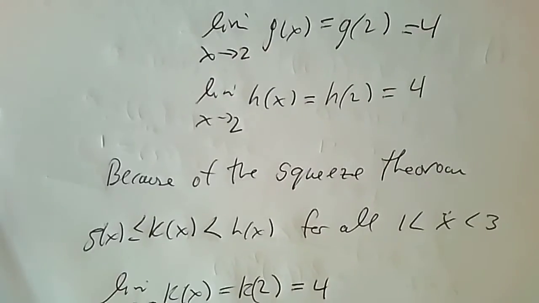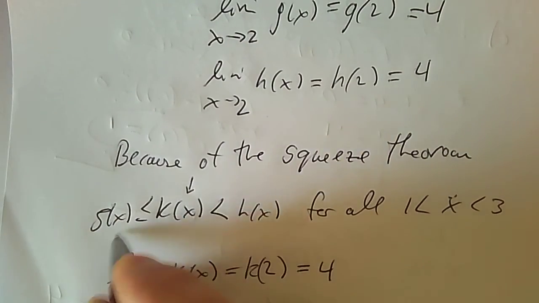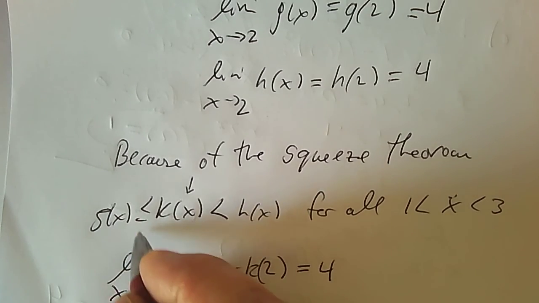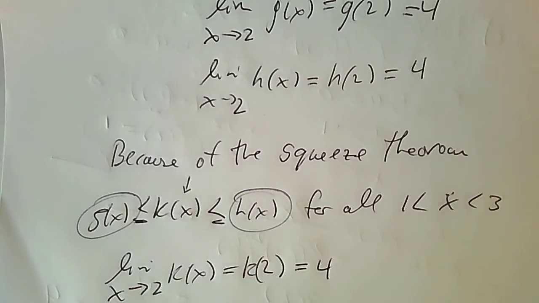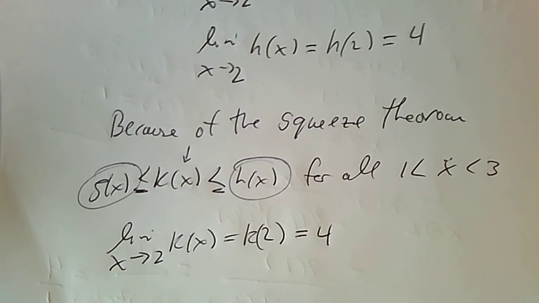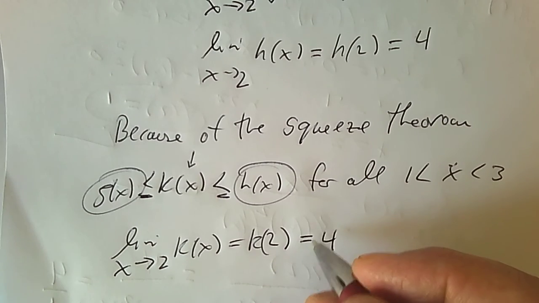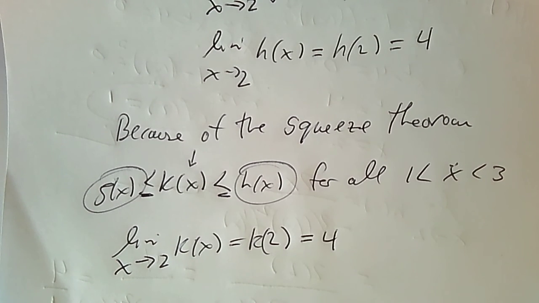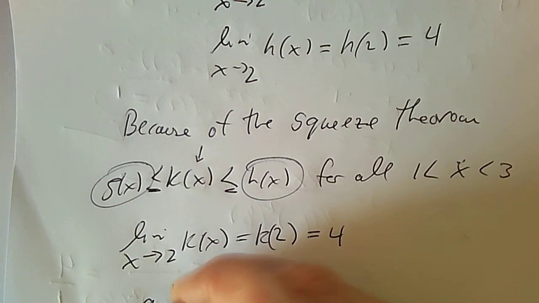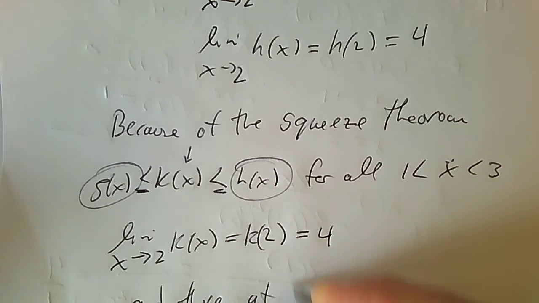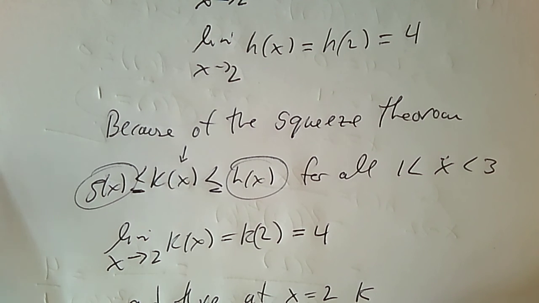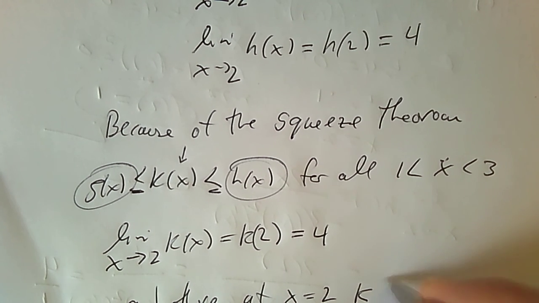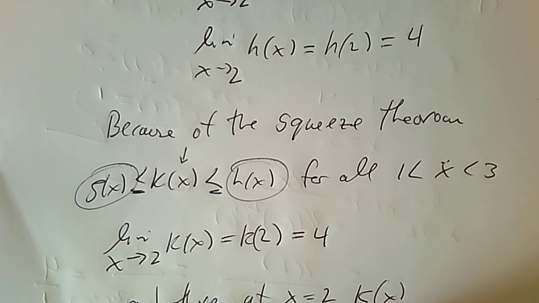So if it's always squeezed in between the two functions, at that value 2, g and h are equal to each other, and because k is squeezed in between, it is also equal to 4, and therefore at x equals 2, k at x is continuous. That was it.